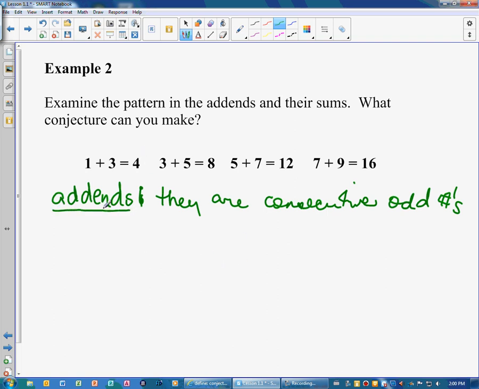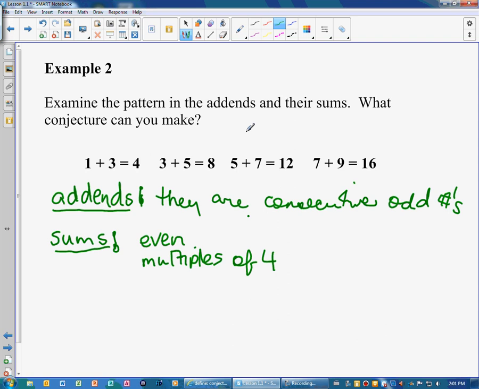Okay, what about their sums? What do you notice here? 4, 8, 12, 16. Well, their sums are even. I've noticed that. I also noted 4, 8, 12, 16 are multiples of 4. Okay, they all are divisible by 4.